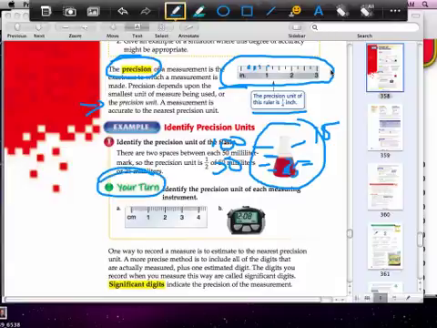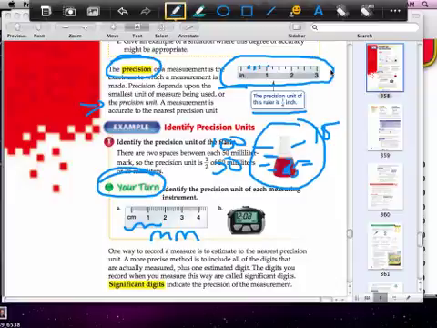Okay, you try these. Look at the ruler, look at the stopwatch, and tell me what the precision unit is of each one of those. Okay, so for this one, the numbers are centimeters. That means there's marks in between of those. Those would be millimeters.